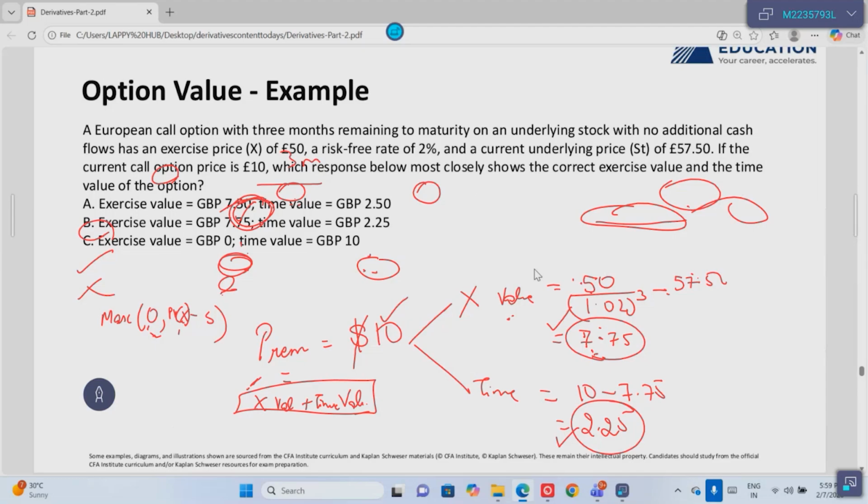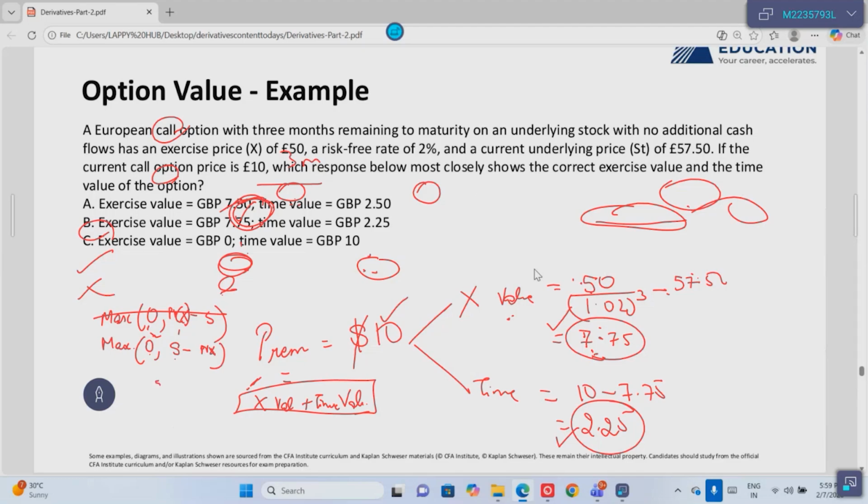And don't forget it's a call option. So it's the opposite: max of 0 or S minus PV of X, because it's a call option.